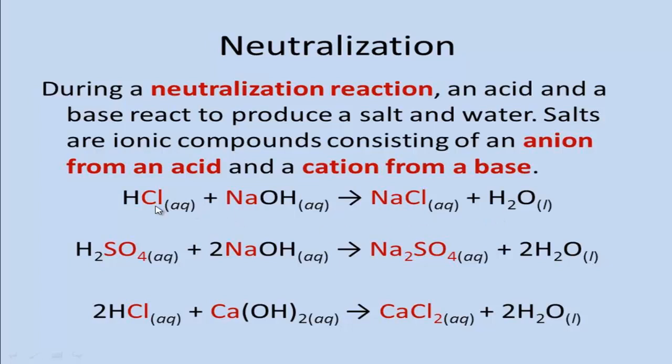But when calcium hydroxide is used with hydrochloric acid, 2 mole hydrochloric acid can neutralize completely 1 mole calcium hydroxide base. So here a specific amount of acid can react with a specific amount of base.